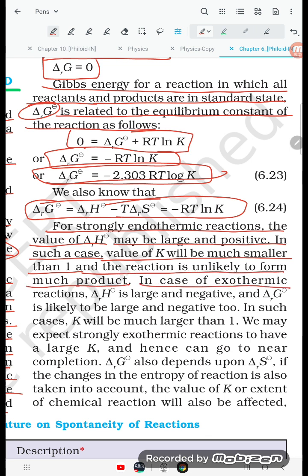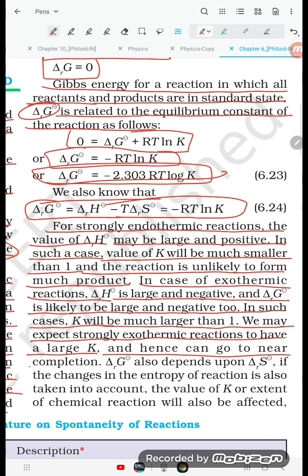In case of an exothermic reaction, delta rH is large and negative, and delta rG naught is likely to be large and negative too. In such cases, K will be much larger than 1. We may expect a strongly exothermic reaction to have a large K and hence can go near completion.